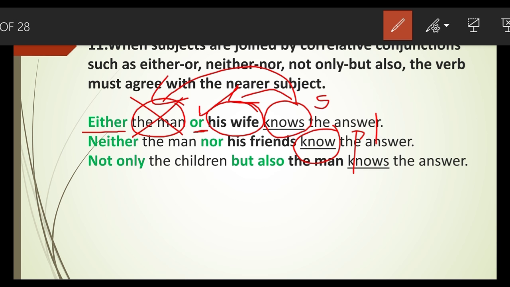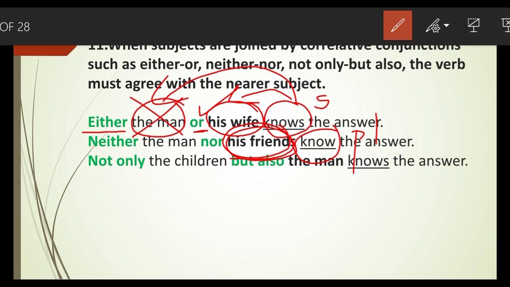Okay, kasi nga, it is joined by correlative conjunction neither nor and ang mas malapit na subject ay yung his friends. So, yung his friends natin ay plural. His friends, mga kaibigan. So, ang ating verb ay walang S at ang walang S ay ang plural form.